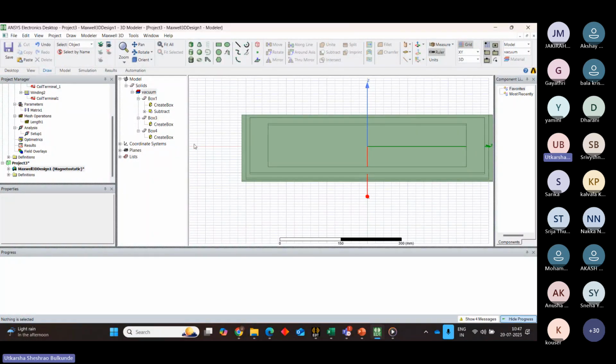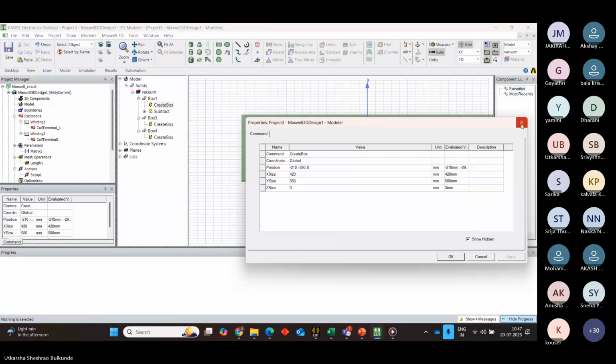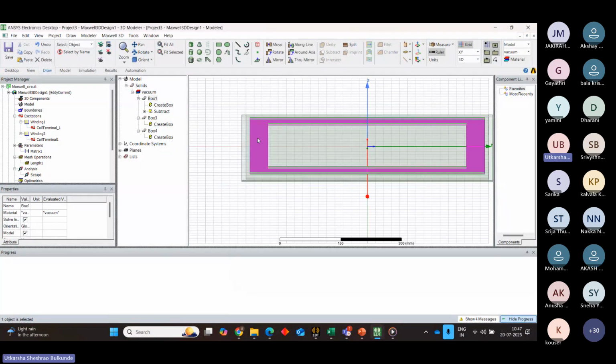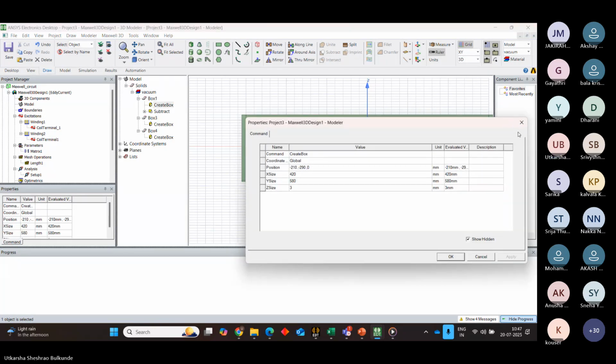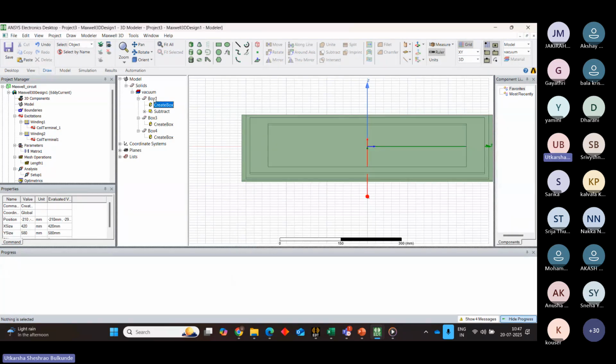Okay, so just give material to your objects. First is your copper. Sorry, box one is copper.